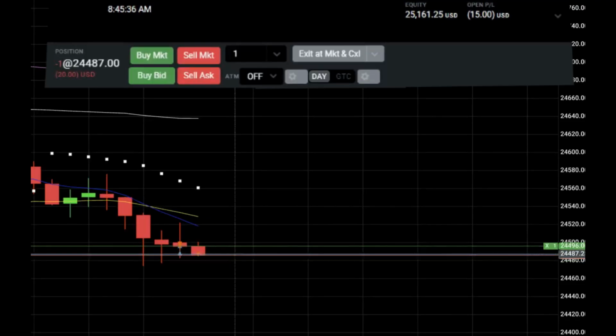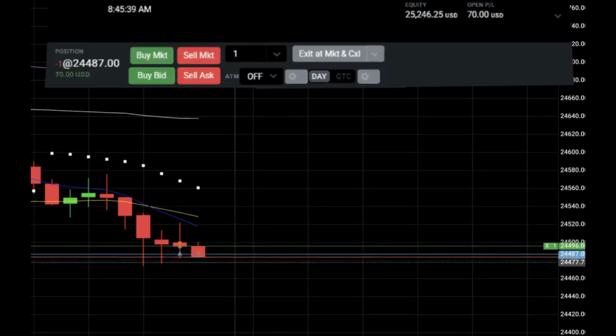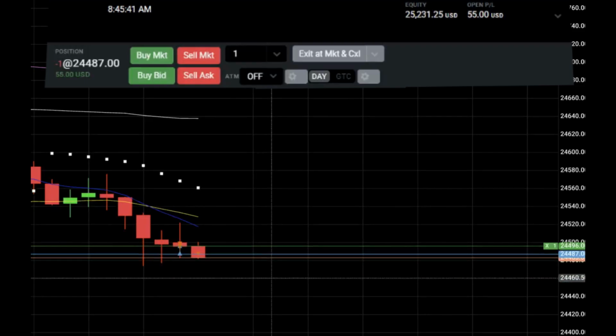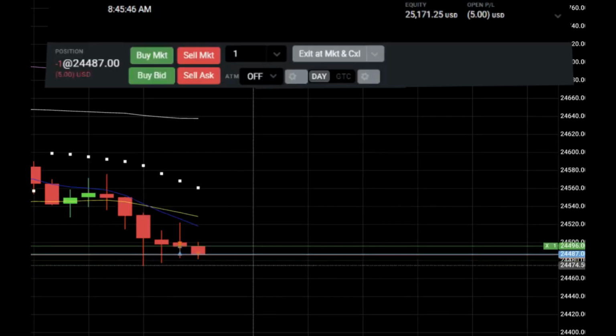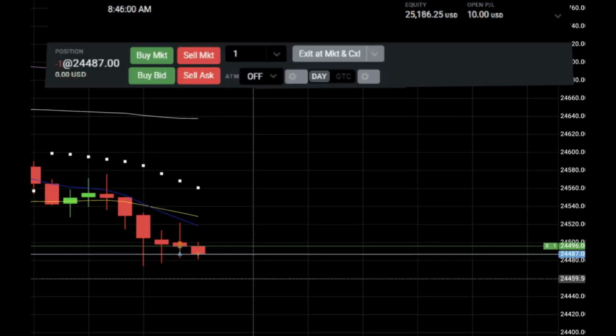Now we're kind of consolidating. It's going down a little bit. Now we're starting to get a little move in my favor. And actually, I didn't take a long here. I took a short here. I'm not exactly sure what changed, but maybe I saw the EMA rejections and thought that maybe going with a short was a better option here than a long.